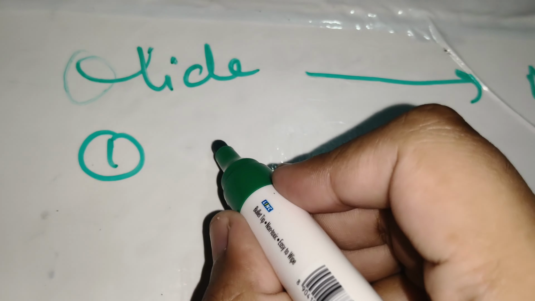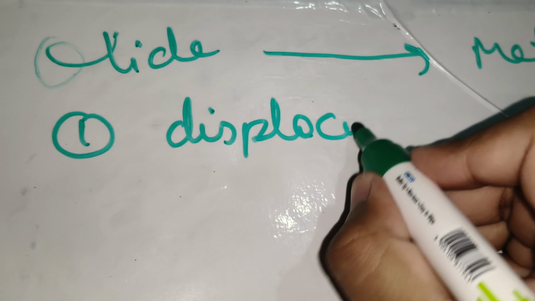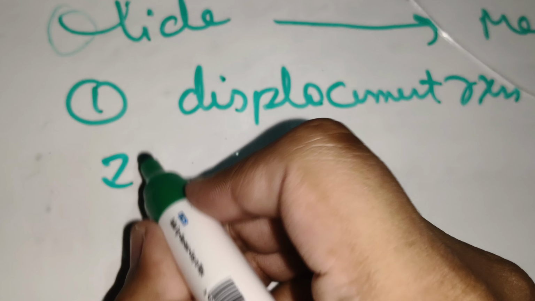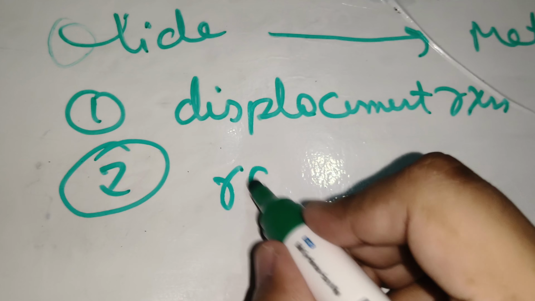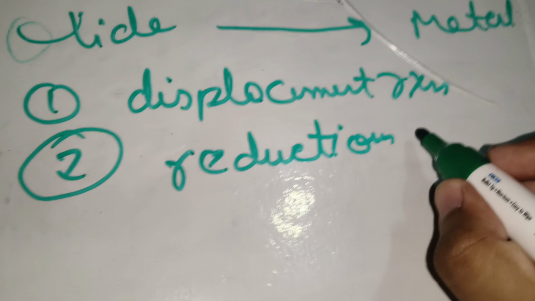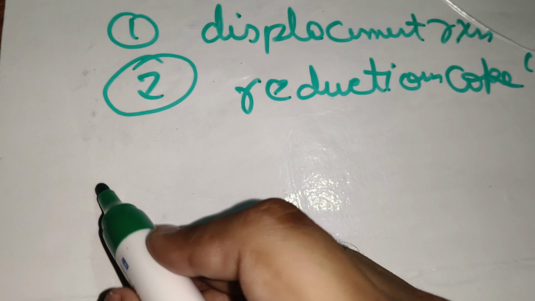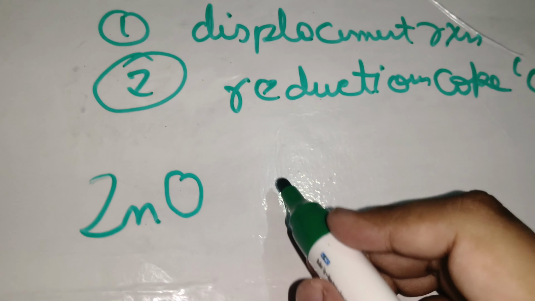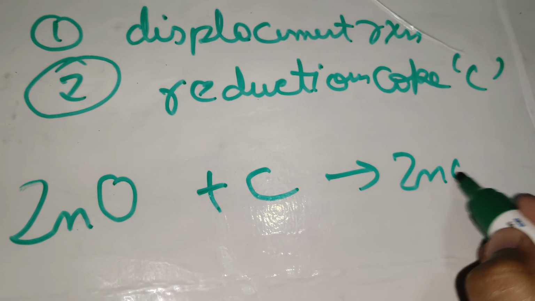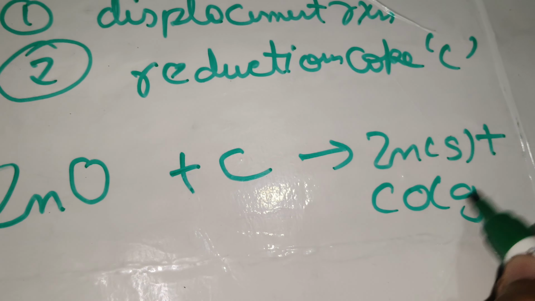First of all, the displacement reaction, where the more reactive material replaces the less reactive, and the second one is reduction with coke, that is carbon. So it is a very small procedure. Here we can see zinc oxide plus carbon gives zinc solid plus carbon monoxide gaseous.